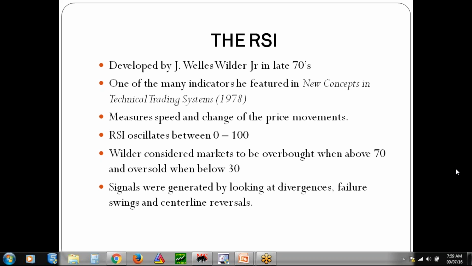Sir, as I told you, when we move forward, we'll talk about divergence. We'll talk about how to trade divergence. And when I am talking about how to trade divergence, I'll talk about the stop loss and even the targets.